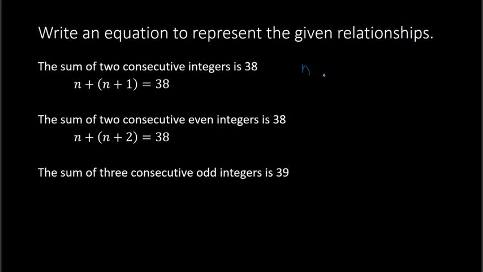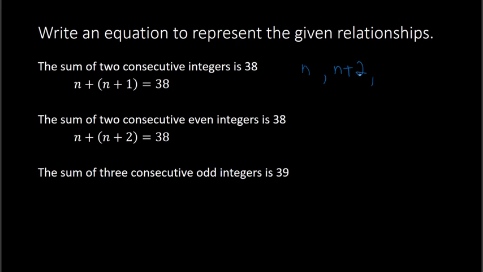All right, so then the next number is going to be the next odd number. So whatever this is, we need to add 2 to it. Because, for example, if this number n were 21, then the next odd number is 23, which I find by adding 2 to that number.